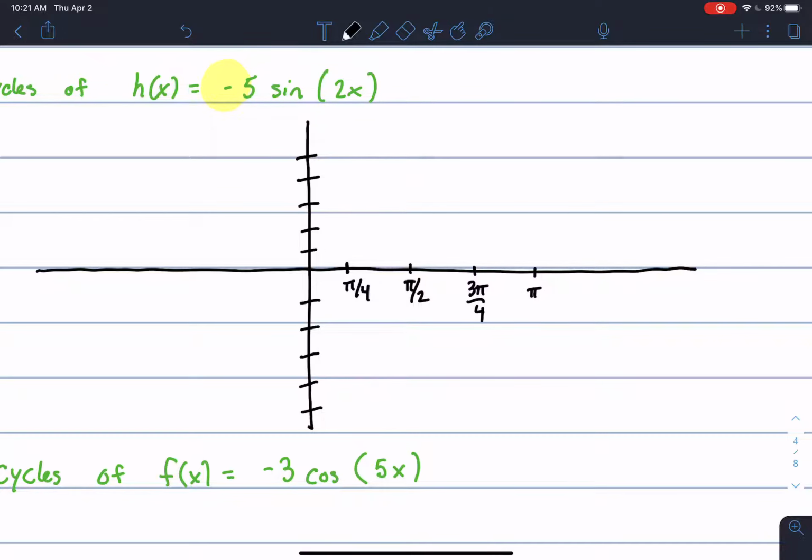Then 5 pi over 4, 6 pi over 4, which is 3 pi over 2, 7 pi over 4, and then 8 pi over 4, which is 2 pi. And then we have negative pi over 4, negative pi over 2, negative 3 pi over 4, and then negative pi.